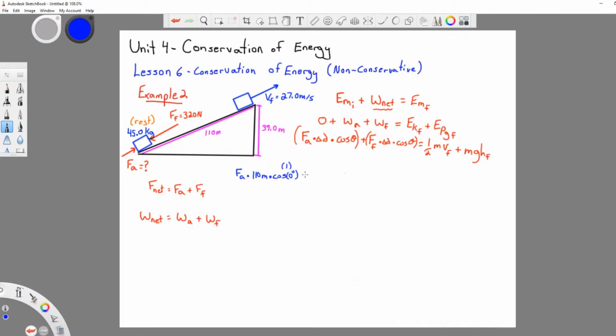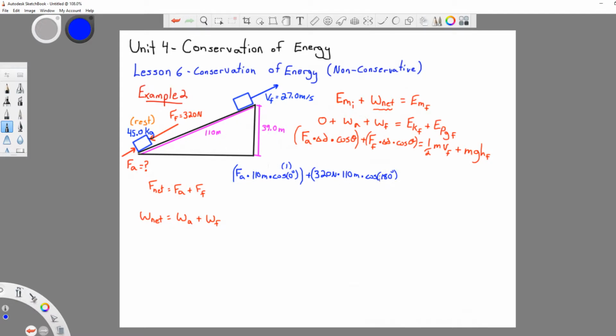This is going to be added to, and honestly I want to stick this in some brackets, force of friction. We have that value. This is 320 newtons times displacement 110 meters times cos of 180 degrees.